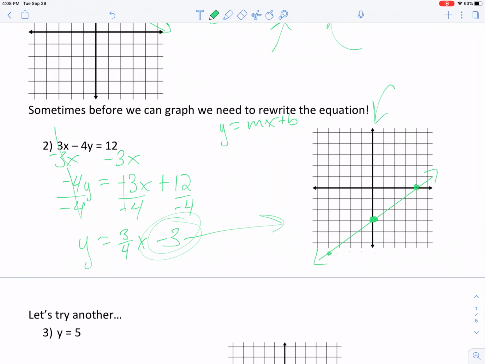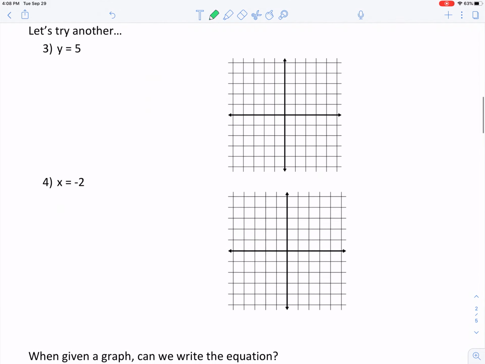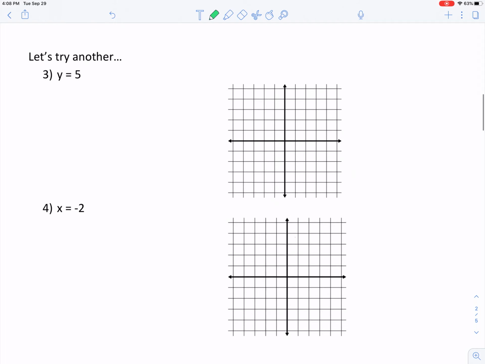Looks great. Now, there are going to be a couple weird examples. For example, sometimes it might just give me y equals a number. In this case, sometimes it's almost easier to go ahead and make a table. You only have to do maybe 3 values. Any values you want. So 2, 3, 4. It doesn't really matter. Here's the thing. If I plug in 2 to the equation, there is no x value.